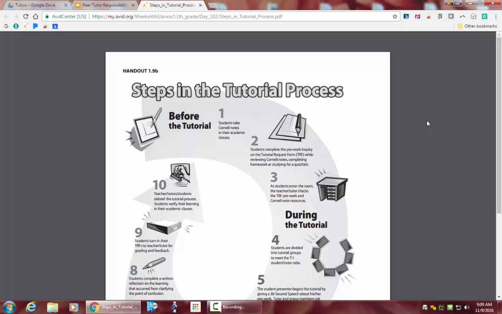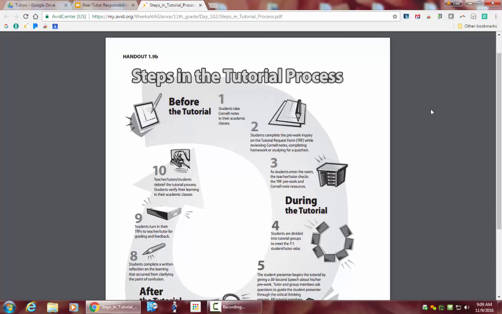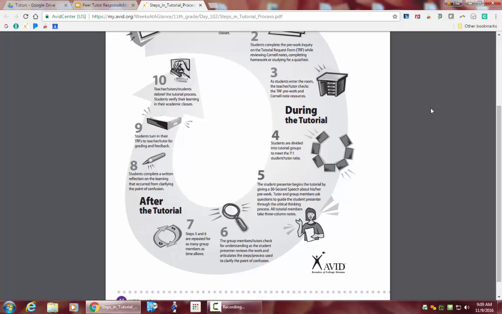So number 3, as students enter the room, the tutor checks the TRF pre-work and your resources, which should be your Cornell notes. Once that is completed, during the tutorial, students are divided into tutorial groups to meet the 7-to-1 student-tutor ratio.